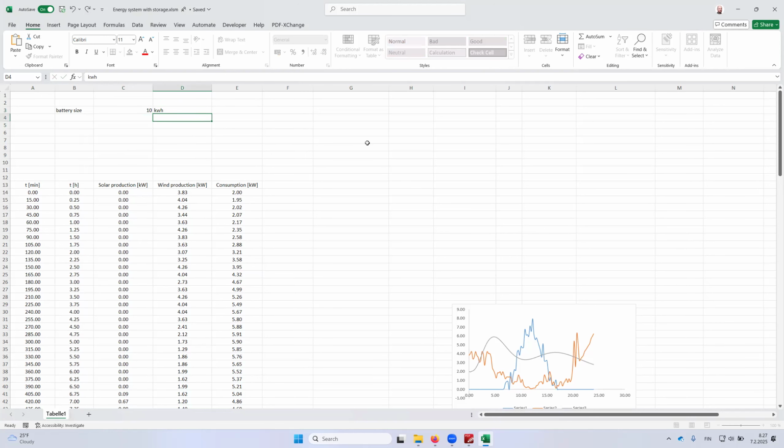So that's how many kilowatt hours. And let's put a charge rate. In industrial batteries, it's usually somewhere between 0.5 to 1. So if this is 10, it's going to be 0.5 or 1 times this one in kilowatts. So this C coefficient would be, let's say, 0.5.